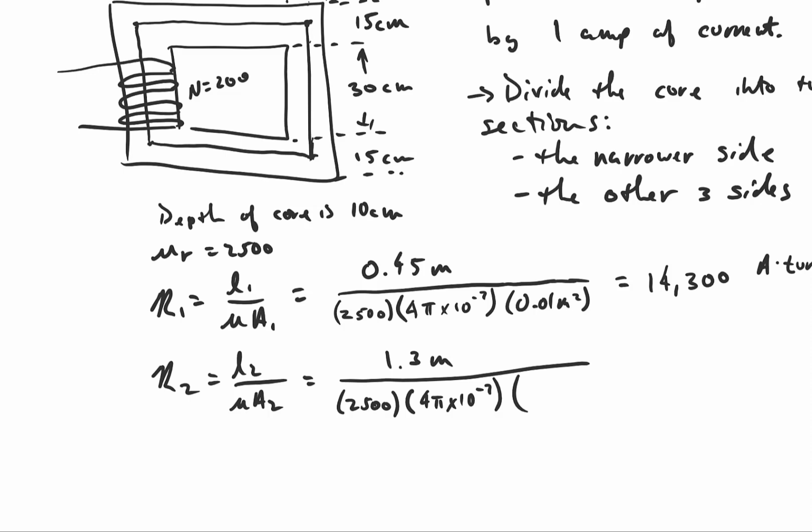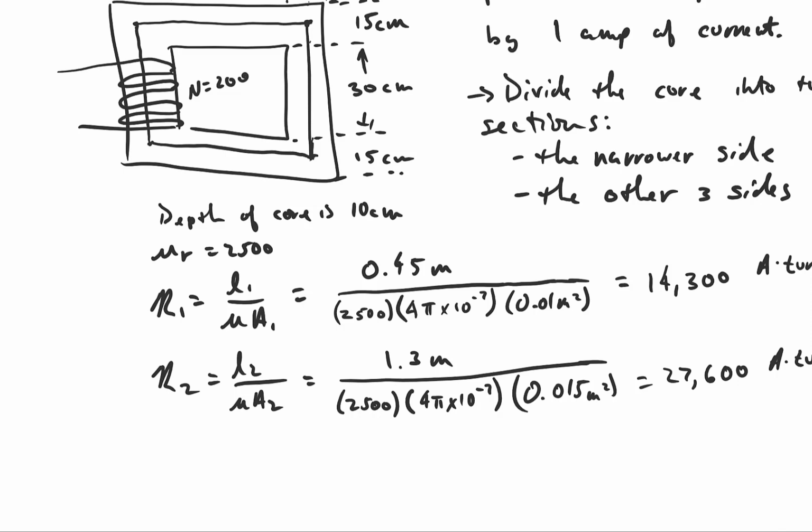And then the cross-sectional area for that portion of the core is 0.015 meters squared. And when I calculate that, I get 27,600 ampere turns per Weber.